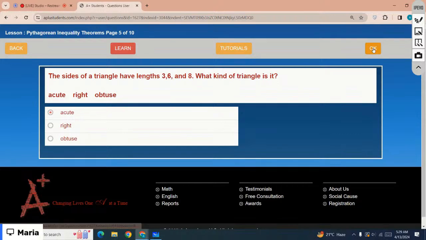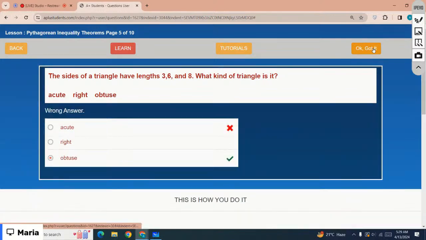It is right. The correct option is acute. Obtuse? Okay, obtuse it is.